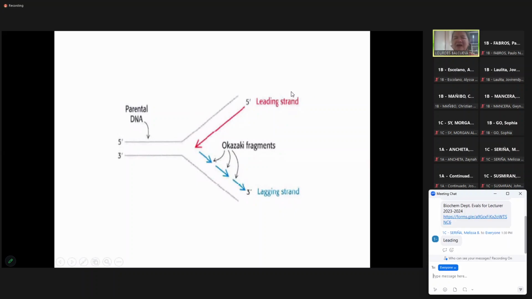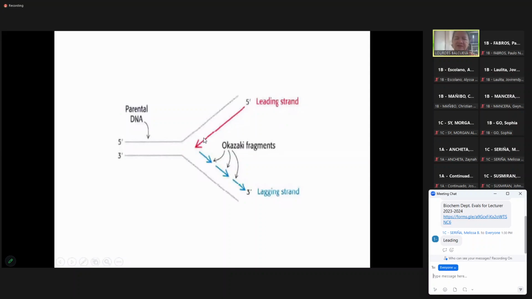Ah, I already said it. Okay, this is the daughter strand that enters into the chain. This chain is the 3'-5' chain of the parent strand. So it can be replicated continuously because the direction of replication is 5'-3'.